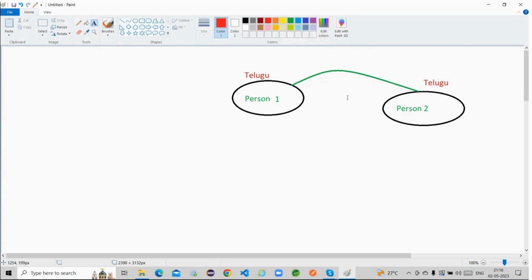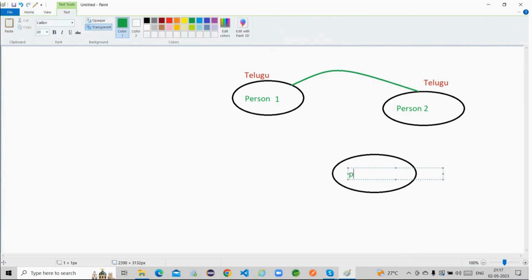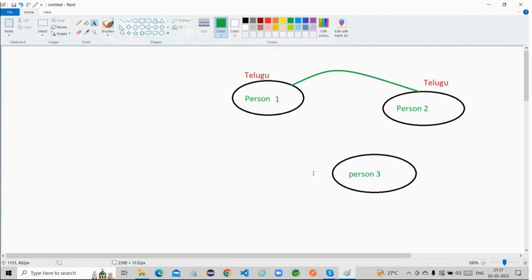Now suppose, for example, you have gone to the USA. Those people in the USA don't know the Telugu language. They can't understand Telugu. Suppose this is my third person, person 3. This third person doesn't know your Telugu language.